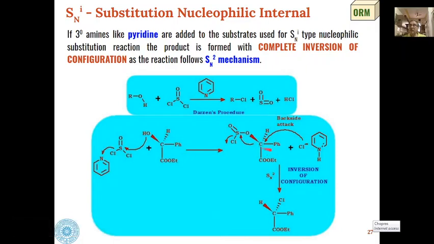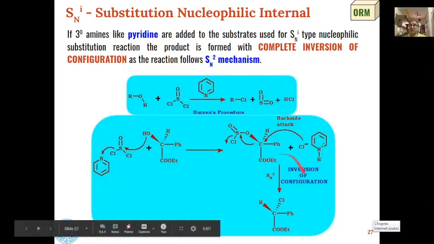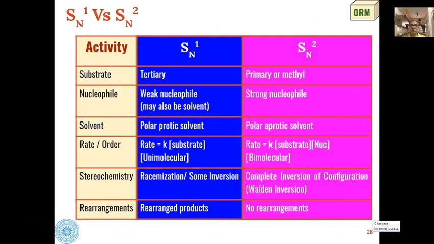And here the rate of reaction is dependent on the concentration of this as well as the nucleophile. That is why this has an SN2 type of mechanism, and this is a different procedure than SNi type of reactions.